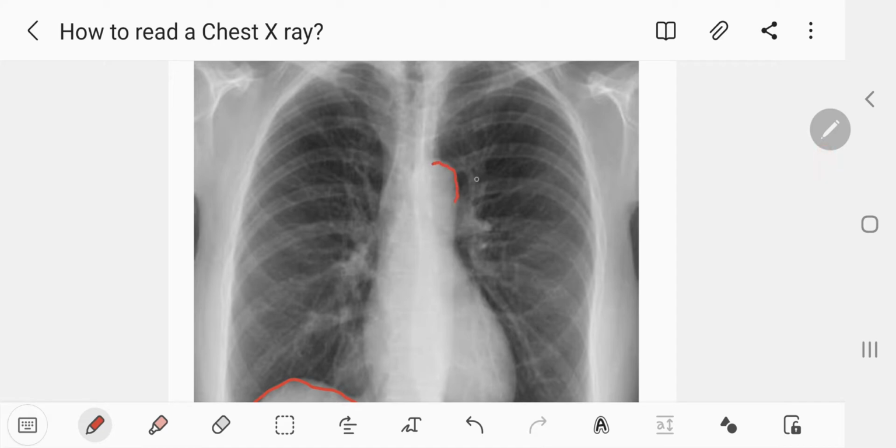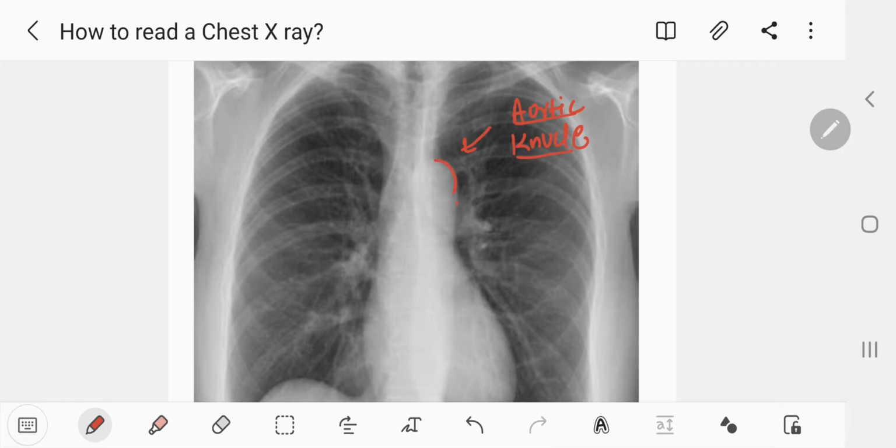This curve is known as the aortic knuckle. The aortic knuckle is formed by the arch of the aorta. From the left ventricle, the ascending aorta arises and then forms an arch over here, and this arch of the aorta forms the knuckle.